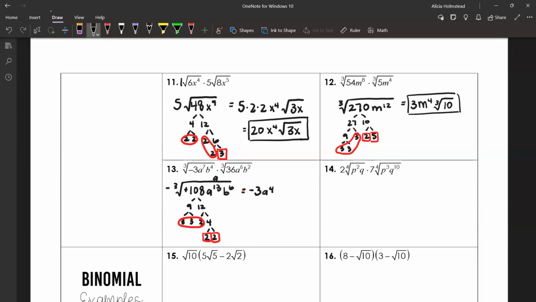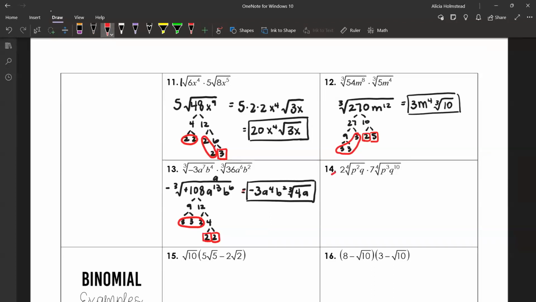And then there's 6 b's, which is 2 groups of 3 with none left over. So then we'll go ahead and put everything back inside the radical. We've got 2 times 2 left over, which is 4, and then we had 1 a left over. So that would be the simplest form of number 13.